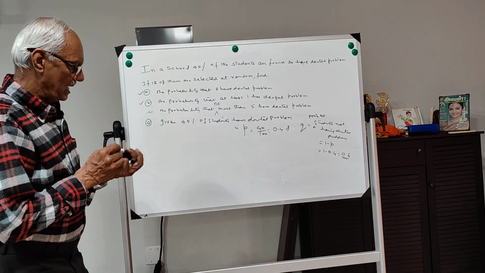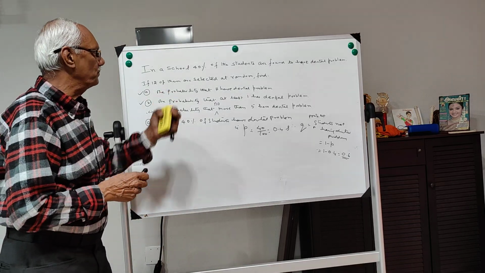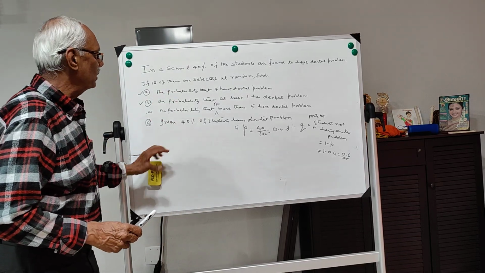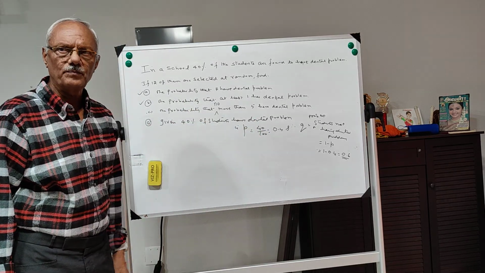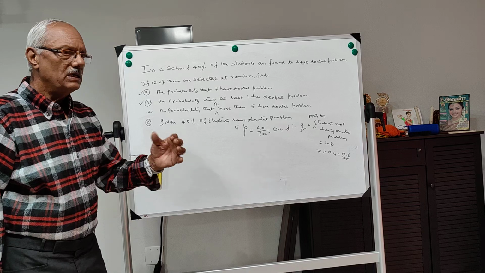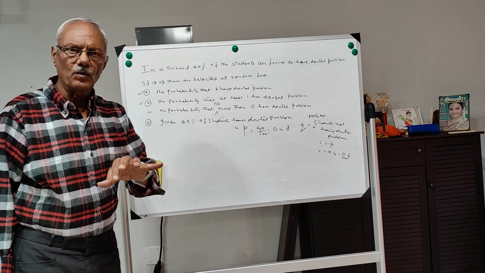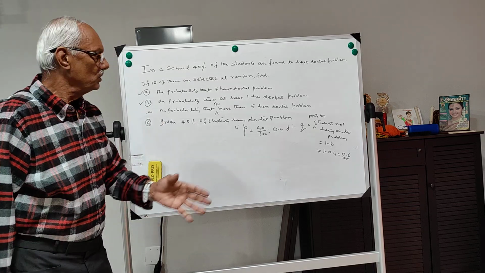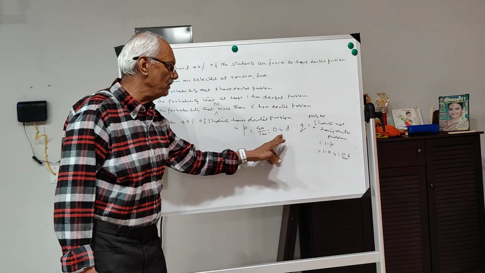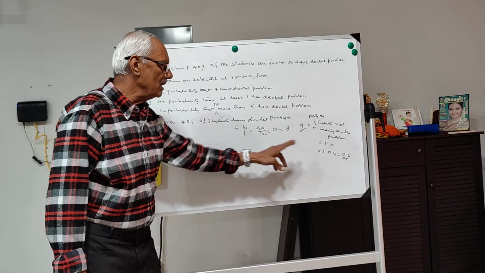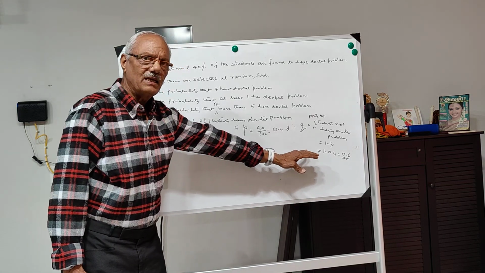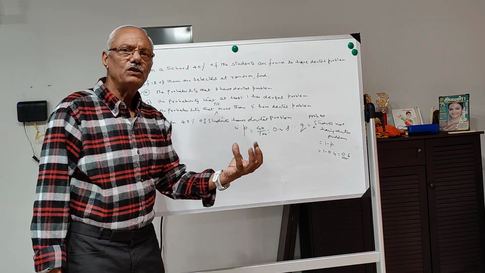So from the given problem I am able to find the probability that a student is likely to have a dental problem. Either the student must have dental problem or he should not. If the probability of having the dental problem is P equal to 0.4, then Q is equal to 0.6.